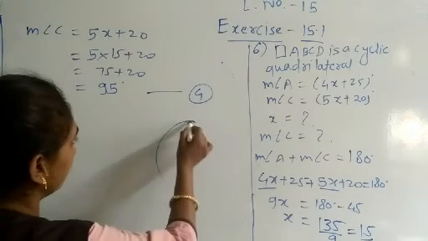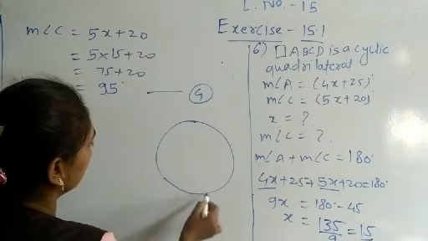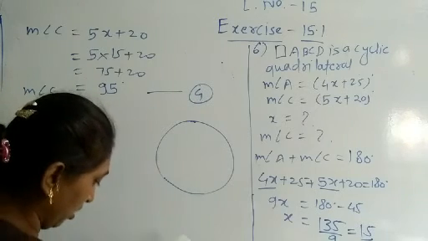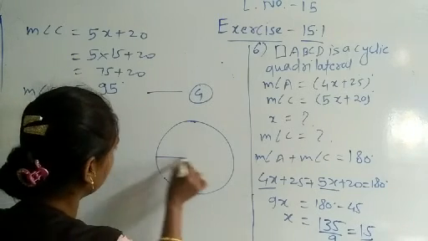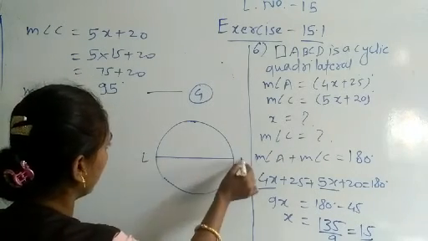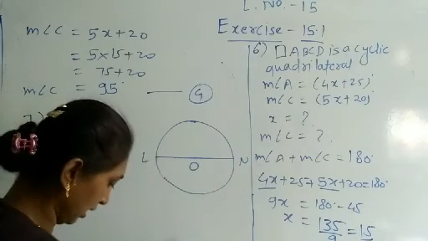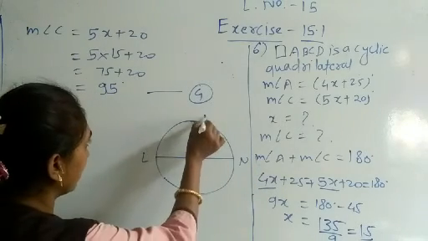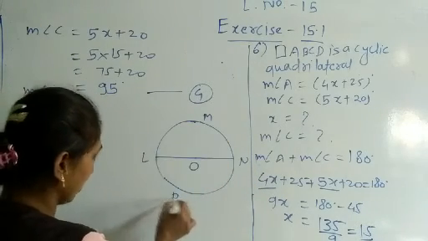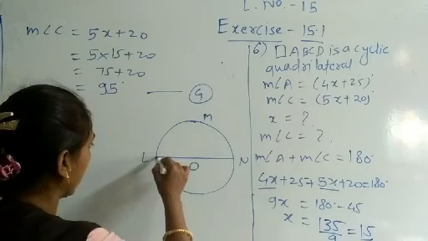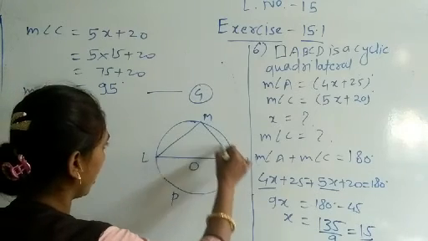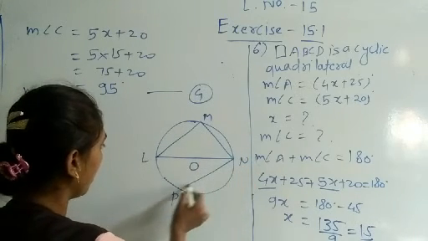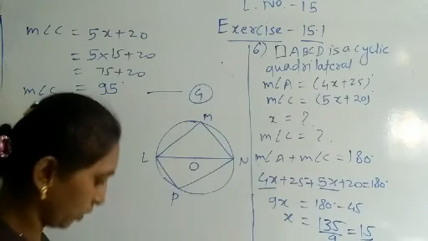A circle is given. Also, diameter LN. O is the center of the circle. Also, M and P are two points on the circle. Also, join LM, MN, NP and PL. Okay.